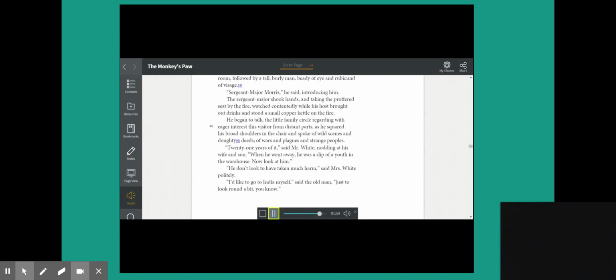"Twenty-one years of it," said Mr. White, nodding at his wife and son. "When he went away, he was a slip of a youth in the warehouse. Now look at him." "He don't look to have taken much harm," said Mrs. White politely. "I'd like to go to India myself," said the old man. "Just to look round a bit, you know."